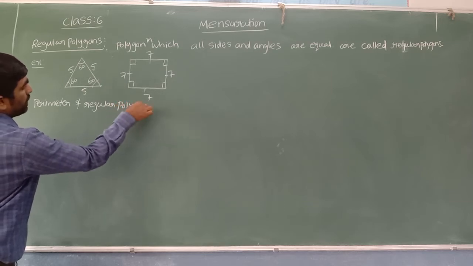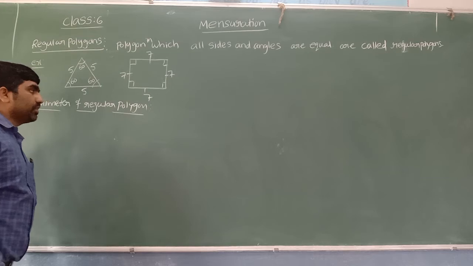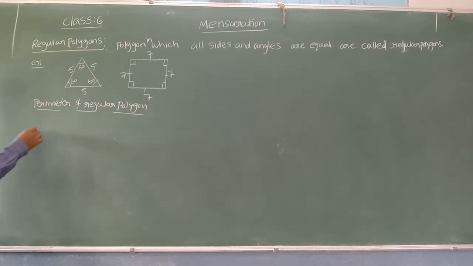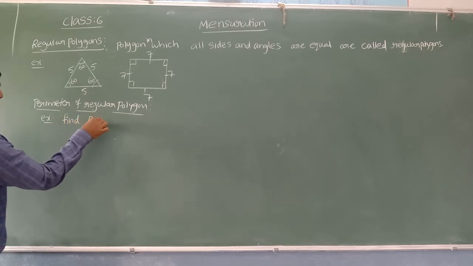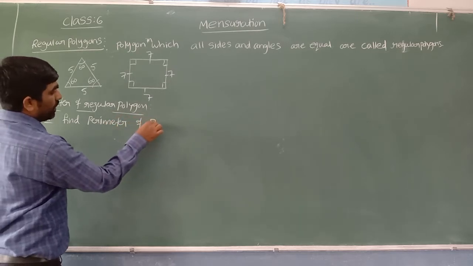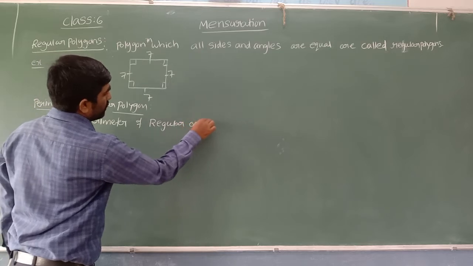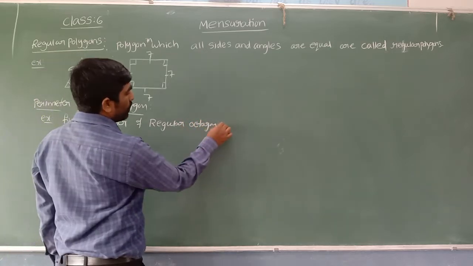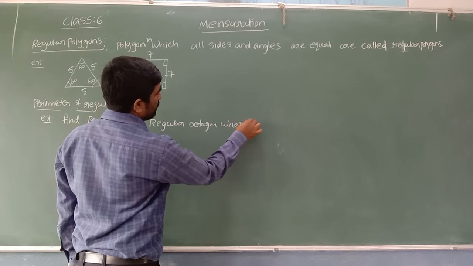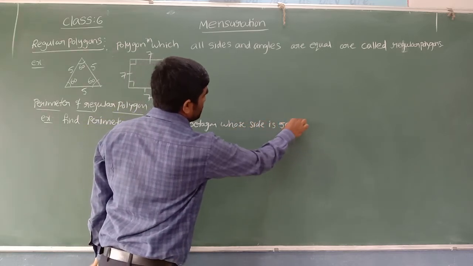What is meant by perimeter? It is the total length of the boundary. The total length of the boundary is called the perimeter. See this example. Find the perimeter of a regular octagon whose side is 5 centimeters.